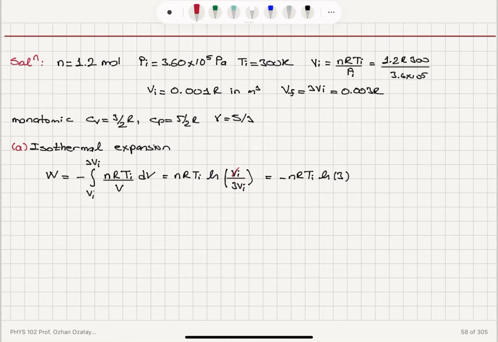Now, if I substitute the numbers, the work done on the gas is minus 1.2 times the gas constant, 8.315 joules per mole Kelvin, times the initial temperature of 300 Kelvin, times natural logarithm 3. That is minus 3,289 joules of work done on the gas.